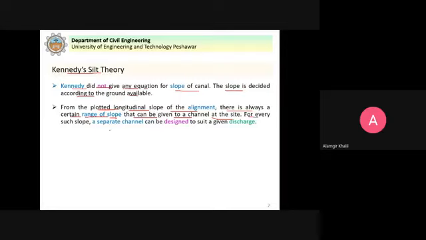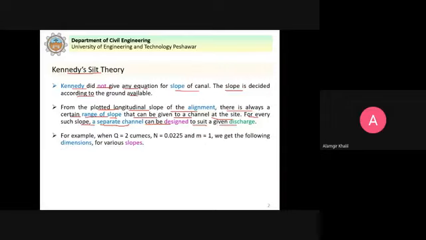For every such slope, a separate channel can be designed to suit a given discharge. So if we change the slope value, separate channel dimensions can be obtained for the given discharge.